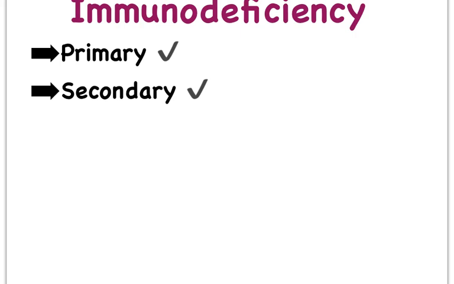And then we have acquired immune deficiencies, which develop later in life, and we chose as our main example AIDS. Secondary immunodeficiencies can result from invasions of pathogens such as AIDS, but also due to environmental factors, drug abuse, poor diet, etc.